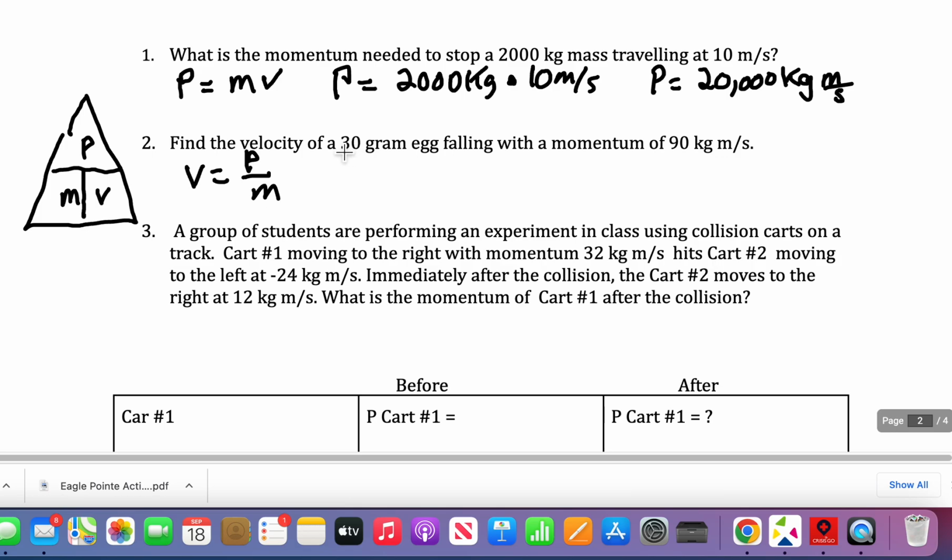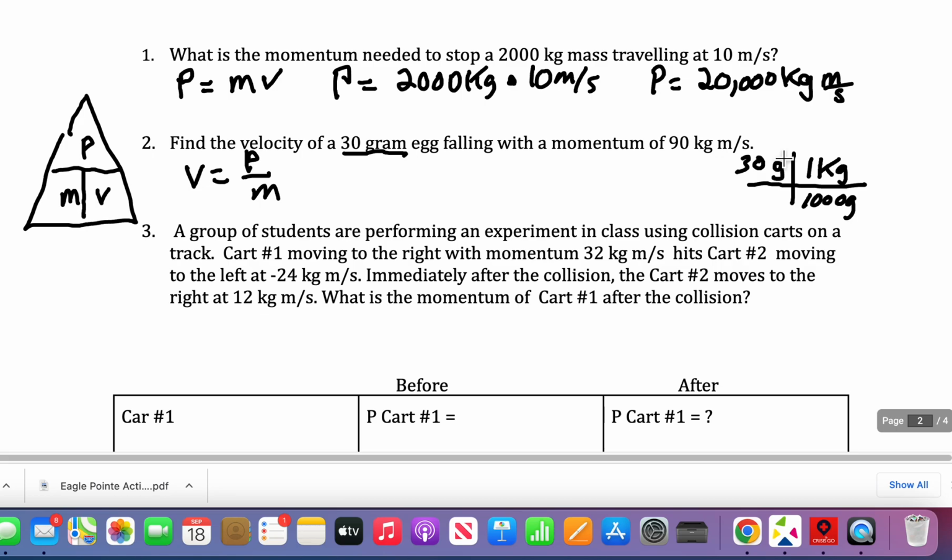Okay, now another thing, a tricky part, is you cannot work in grams. Momentum has to be in kilograms. So before you substitute anything in, you need to do a metric conversion. And so 30 grams goes there. And then you'll put the metric conversion, which I'll have written on the board in case you forget it. But for every 1 kilogram, there's 1,000 grams.